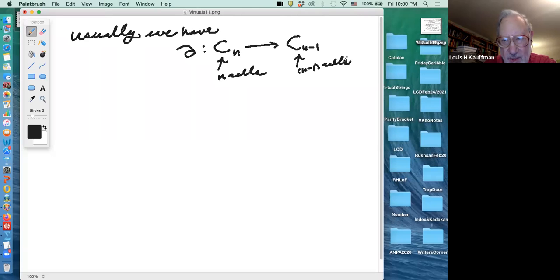And as I said, this is just for completeness that I remind you of a couple of things here. And we want that if we go from Cn to Cn-1, and then we go to Cn-2, and we have a boundary map here and a boundary map here, then the composition of those two boundary maps should be equal to 0.